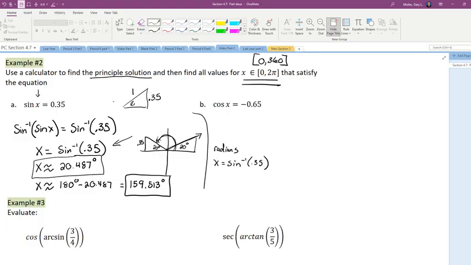Now I'm going to rerun the inverse sine of 0.35, and I'm going to get a different answer this time because I'm using a different measurement. I get an answer this time that x is approximately equal to 0.358 if I round to 3 decimal places.